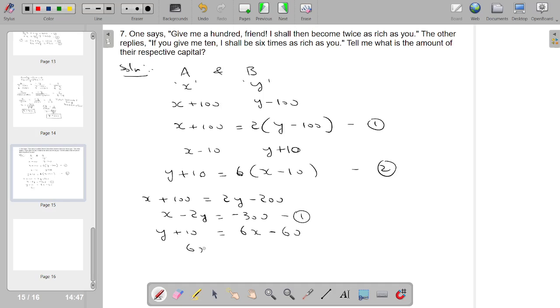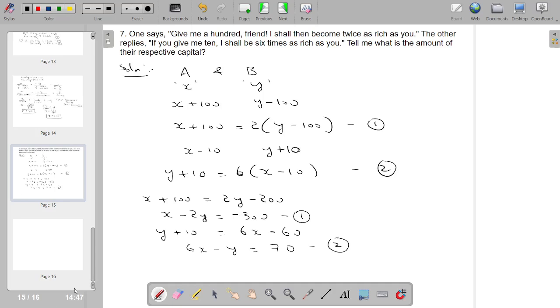So 6x minus y, I transfer y to the RHS and 60 to the LHS, and this becomes 70. This is equation number 2. Now solve 1 and 2 and we will get the answer.